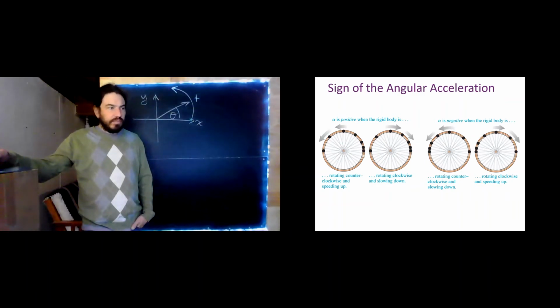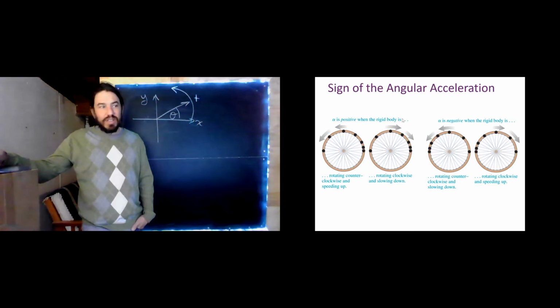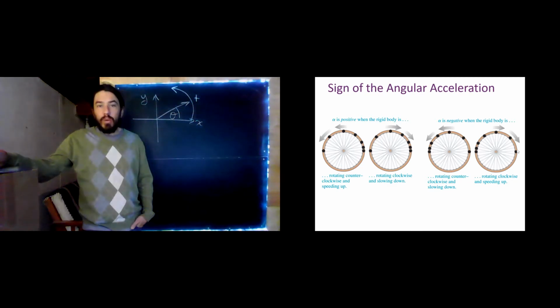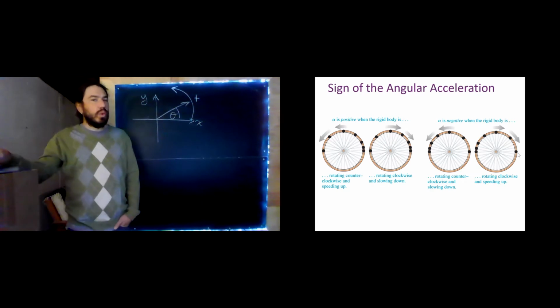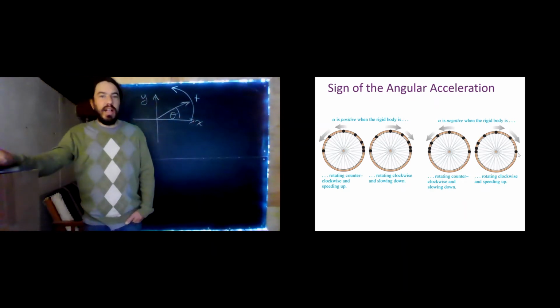And so here we see that if an object is speeding up in the positive direction, then that is a positive alpha, or slowing down in the negative direction, also a positive angular acceleration. Alpha is negative if we see something that is slowing down while rotating in the positive direction, or speeding up while rotating in the negative direction, right? So it's similar rules there to straight line acceleration.